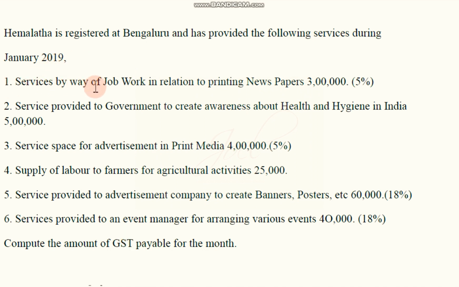First one, services by way of job worker in relation to printing. The rate is given, which is very important for us, because based on this rate we do our calculation. The value is rupees 3 lakh. 3 lakh into 5% we are supposed to do, assuming that the transactions are done within a particular state.